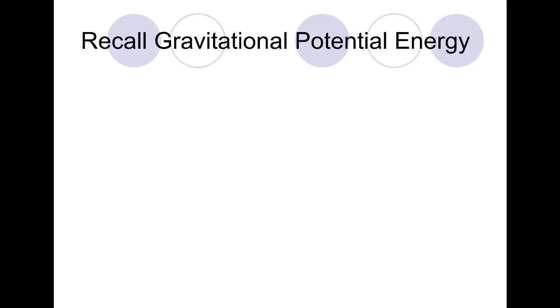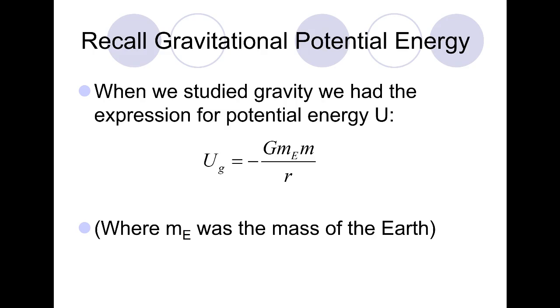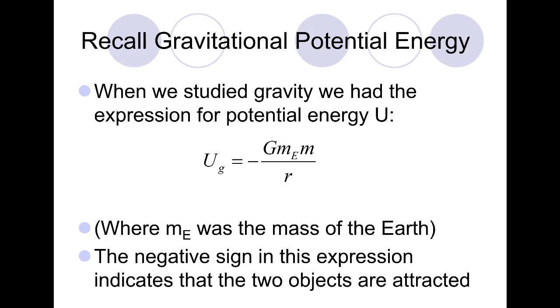So if you remember, this is what we had when we studied gravity. The expression U equals negative G M_E m over R. And we said that M_E was the mass of the Earth, and the negative sign in this expression means that the two objects, in this case the Earth and some other mass m, separated by a distance R, are attracted together, that there is a force this way.